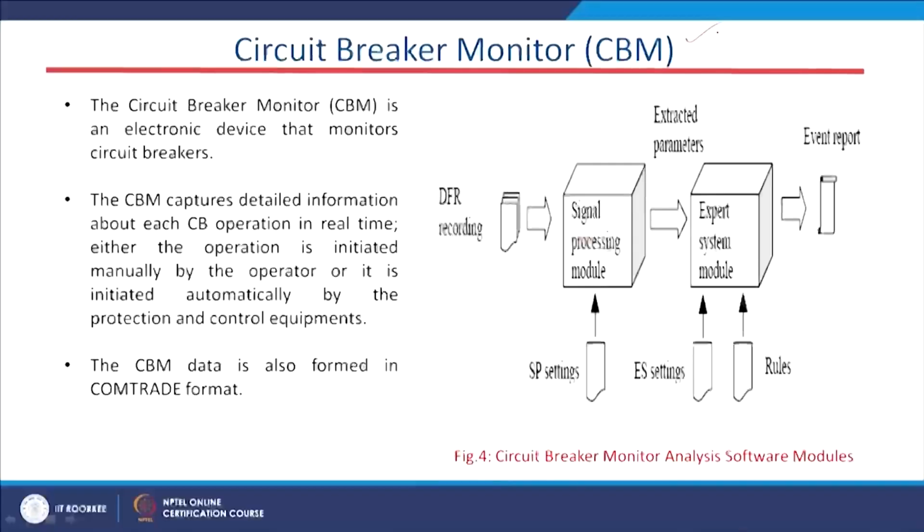And also we have a third one, that is a circuit breaker monitoring device. This monitoring device will monitor the status of the circuit breaker which is present inside the circuit. It may be at the transmission level or at the distribution level. Even if it is related to the distribution level, we can always extend this technology to other levels also.